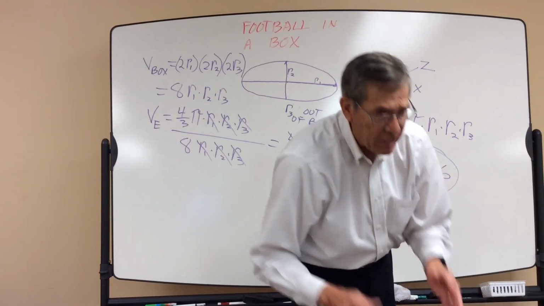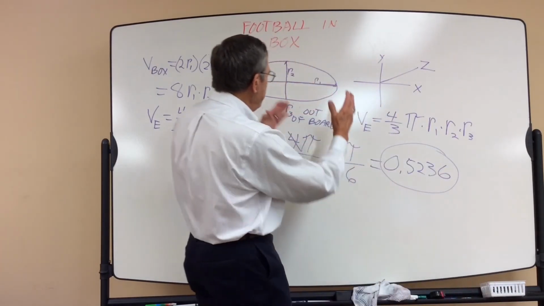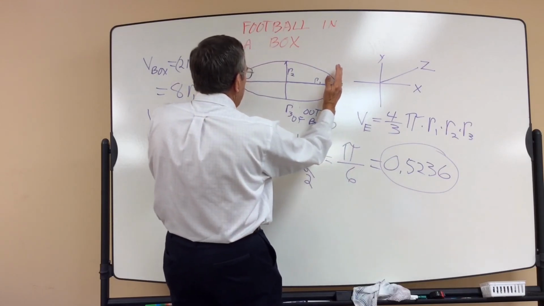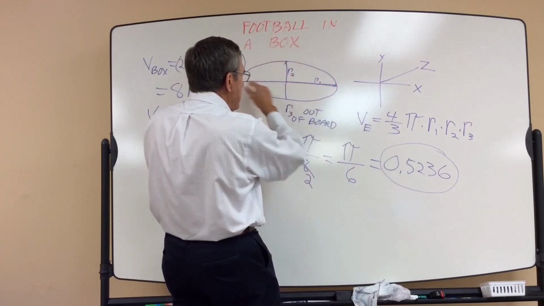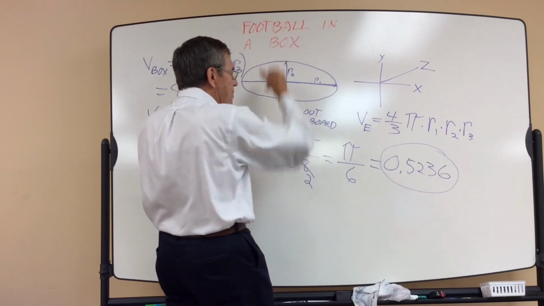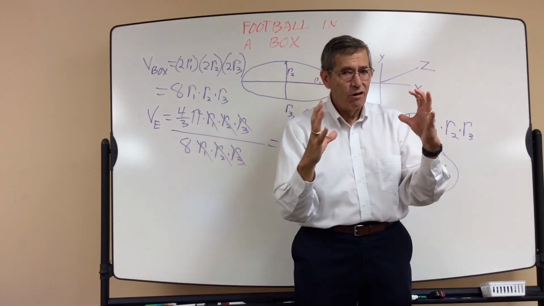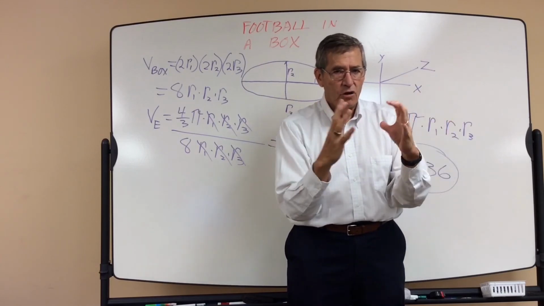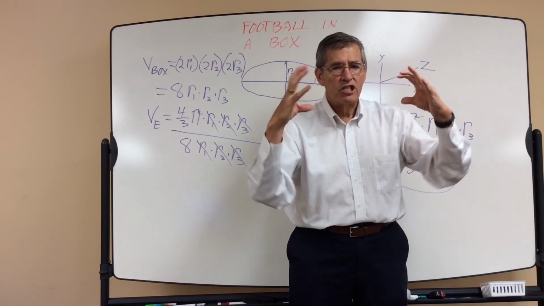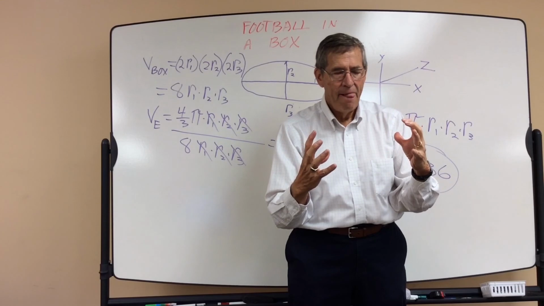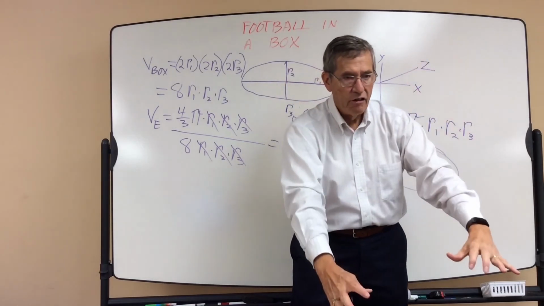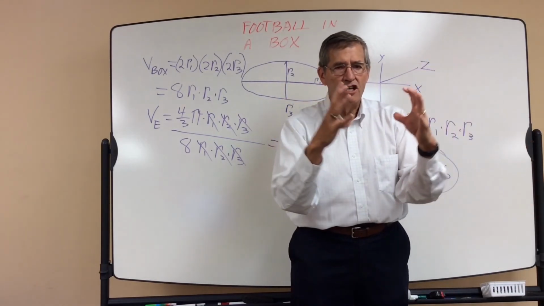Which would tell us then that the ellipsoid, if you would collapse it so the major axis is the same as the minor axis, so those became symmetrical, then the ellipsoid becomes the sphere. Okay? And the rectangular box becomes the cube.